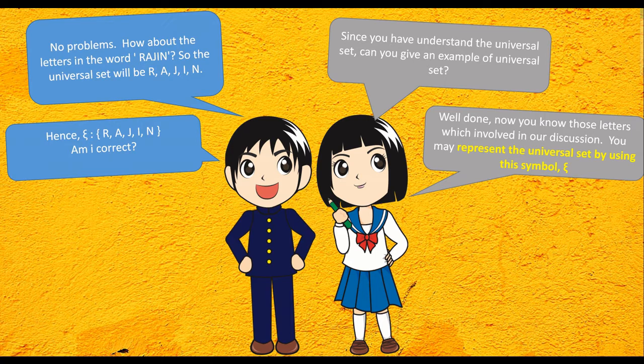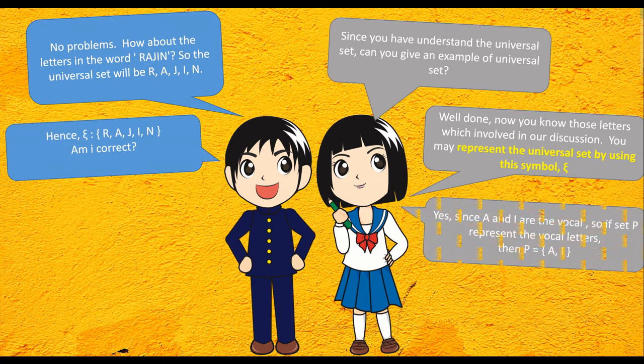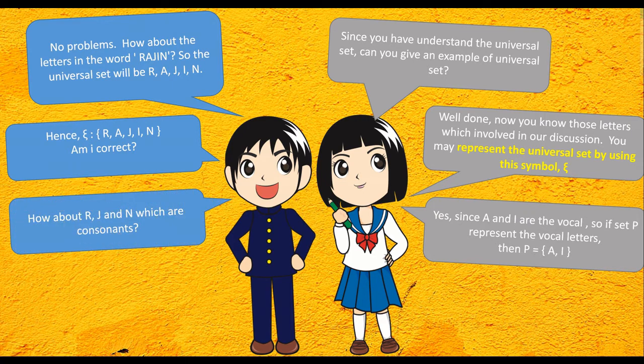Hence, the universal set is R, A, J, I, N. Am I correct? Yes. Since A and I are the vowels, if set P represents the vowel letters, then P equals A and I. How about the R, J, and N, which are consonants?